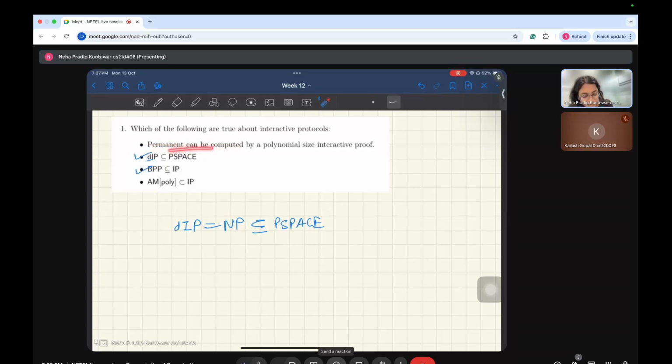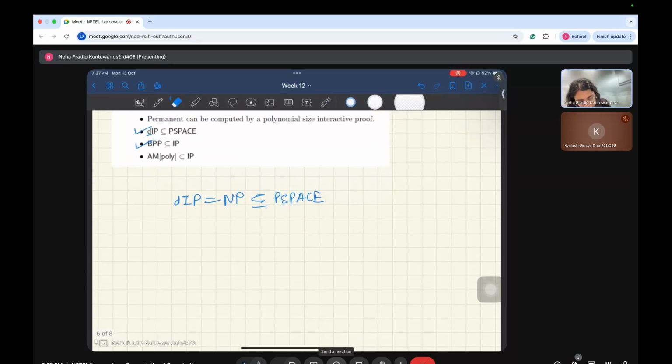The permanent can be computed by a polynomial sized interactive proof. It turns out this is something that we saw in the lectures. You might have seen that SharpSAT can be solved in IP with polynomial number of rounds.